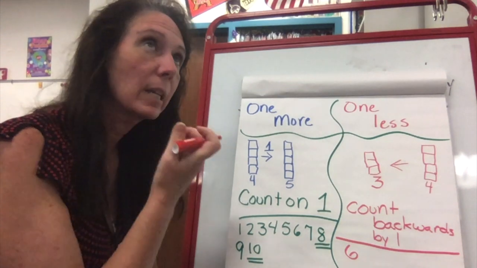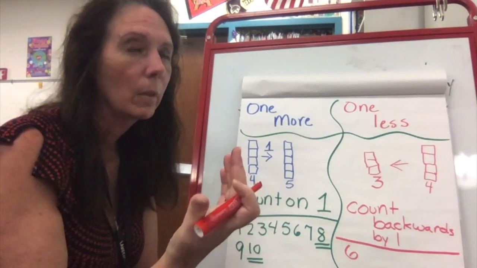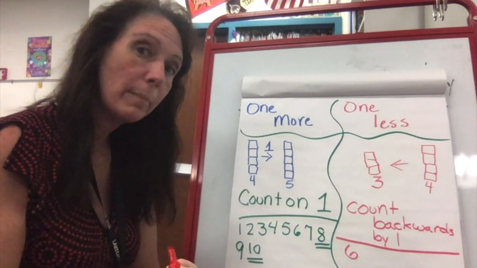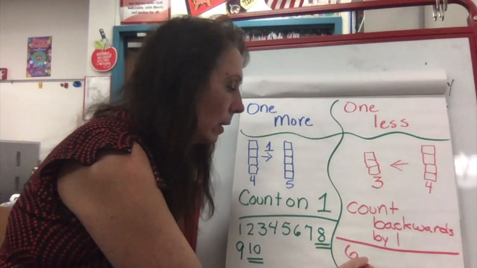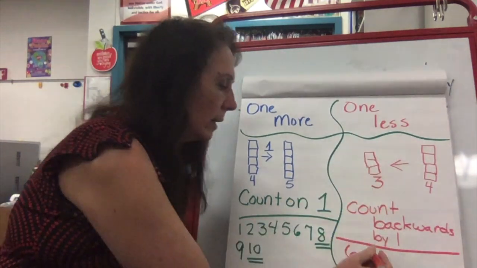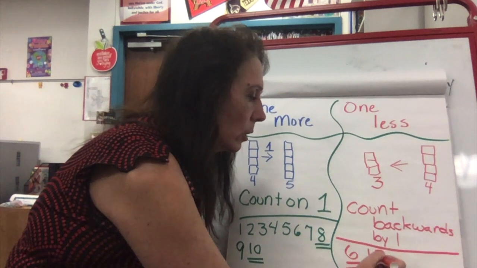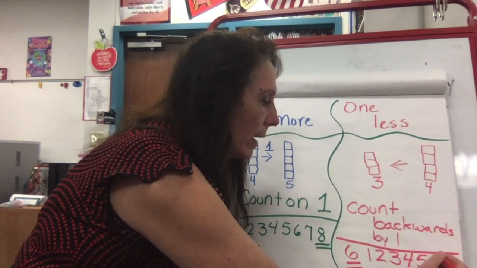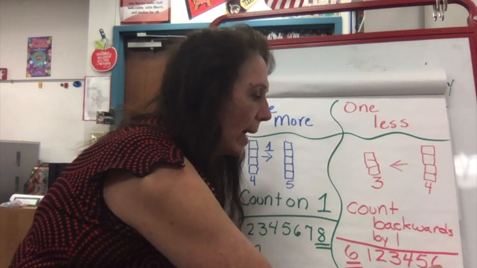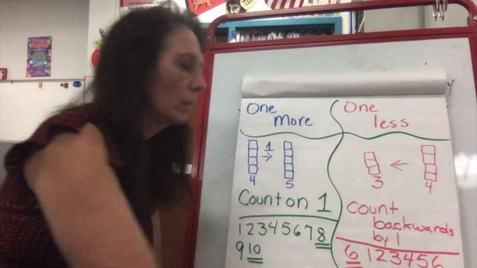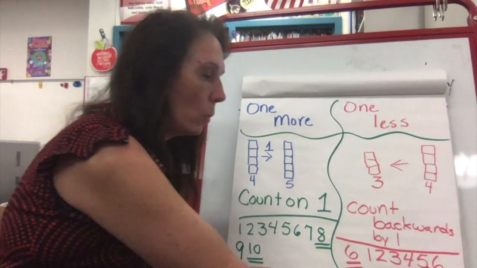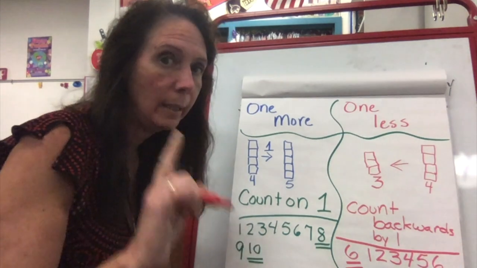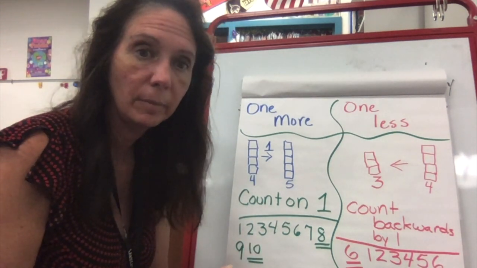So if I'm at 6, if I don't know how to count backwards from 6, that's okay. I can write my numbers down. I want to know what's 1 less than 6. So if I go 1, 2, 3, 4, 5, 6, and then I want to go backwards. So I would know if I go back 1 number, I know that 5 is 1 less than 6.